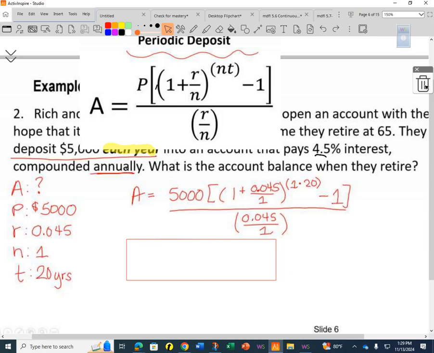Two of them. Yep. Now, that's divided by 1, so you don't have to worry about that, just close your parentheses. Now do your exponent button. It's 20, so you just do 20. Now minus 1. And you have to hit equals.